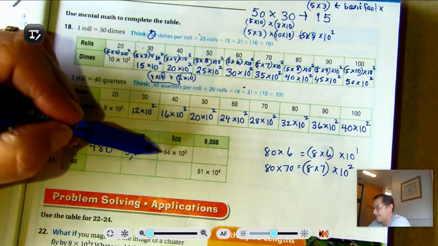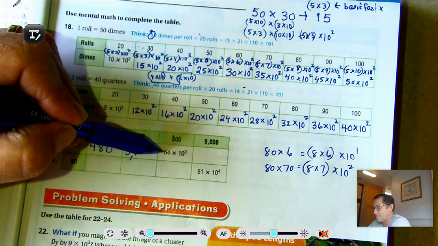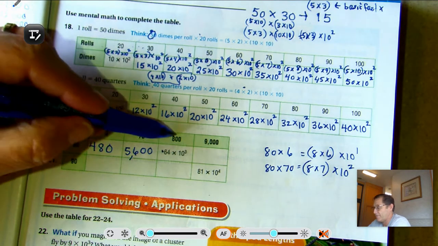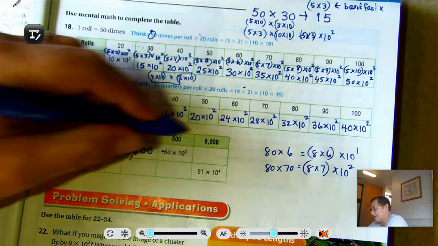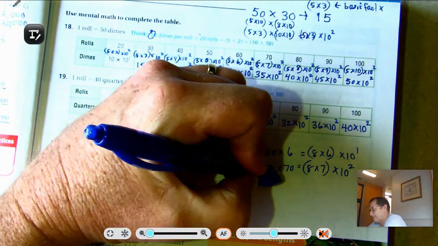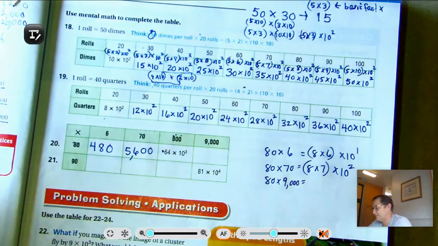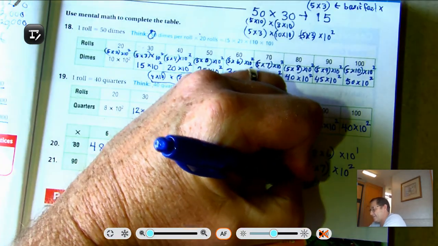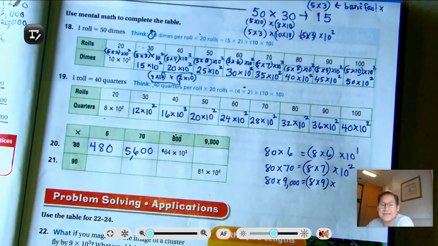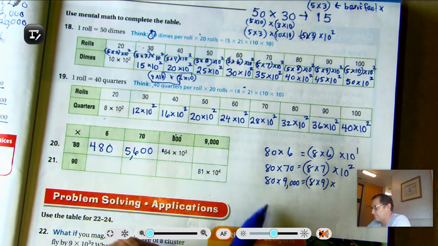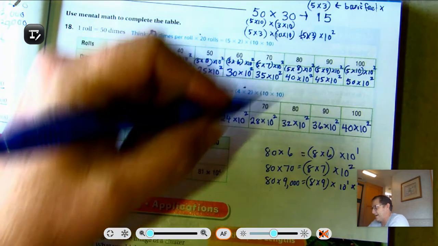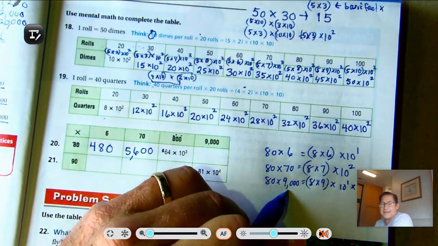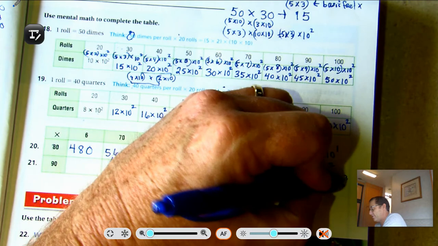8 times 8 is 64, and it would be multiplied by 3 zeros. Okay, this last one, 80 times 9,000 would be 8 times 9 times 10 to the what? Well, how many zeros are there in our factors? This one's 10 to the first times 10 to the third.